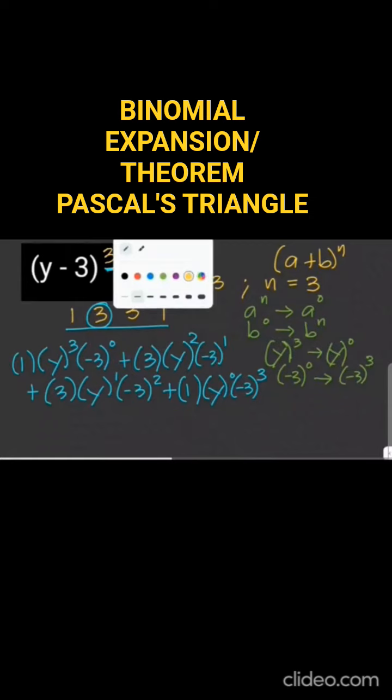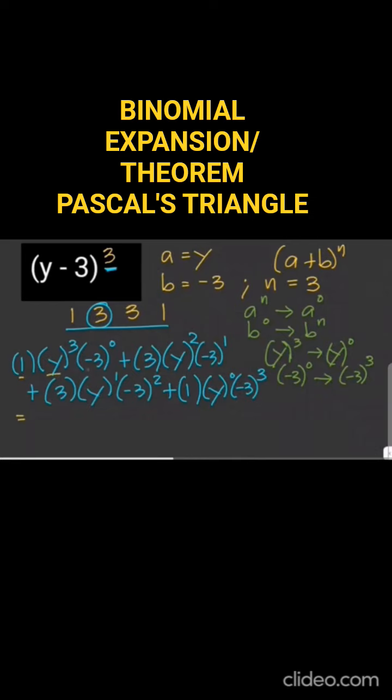And now let's simplify the terms. 1 times y cubed times negative 3 to the 0, so this is just equal to y cubed, and then 3 times y squared times negative 3 to the power of 1. 3 times negative 3 is negative 9 times y squared, this is negative 9y squared, and then 3 times y, which is 3y, times negative 3 squared, which is negative 3 times negative 3, equal to positive 9, and positive 9 times 3 is just 27.